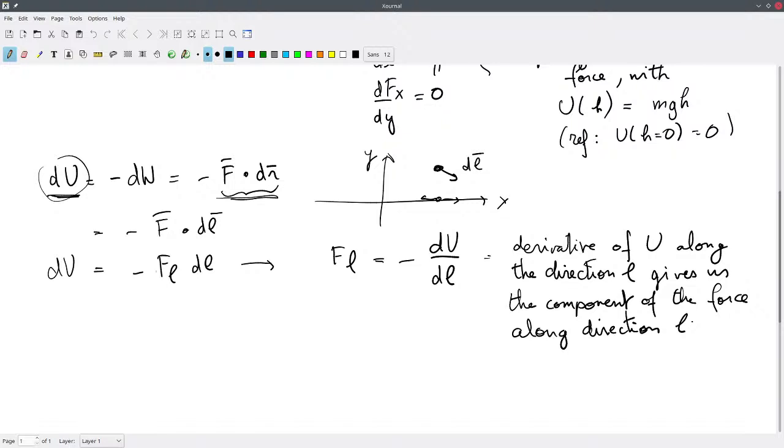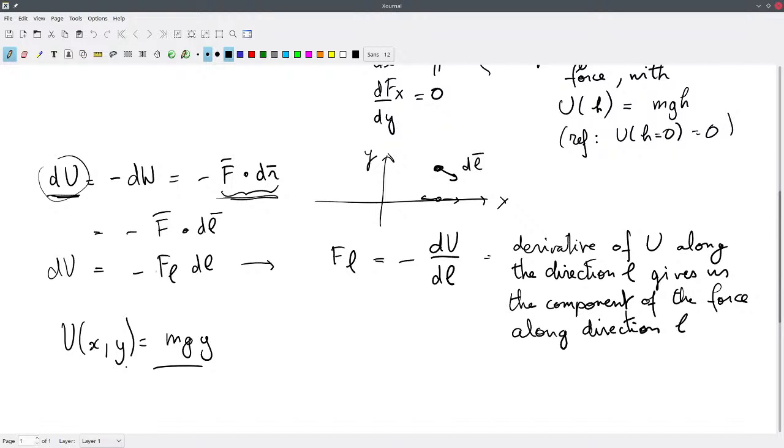So if we now start from u is mgh, and I'm going to replace this by y, mgy. For gravitational potential energy, it depends on y, but let's assume this could depend on x and y in general, right?